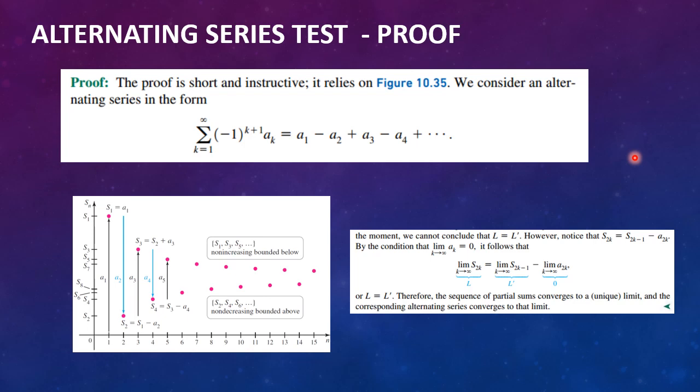And if you notice here in the blue, that is saying that L equals L prime minus 0. Okay? And this was the condition that we had from the last theorem.